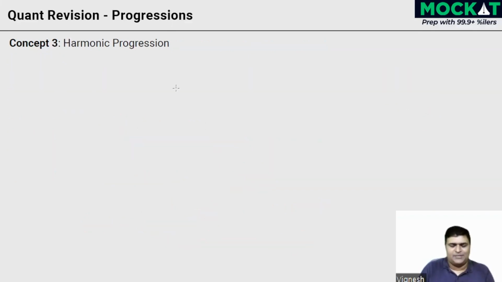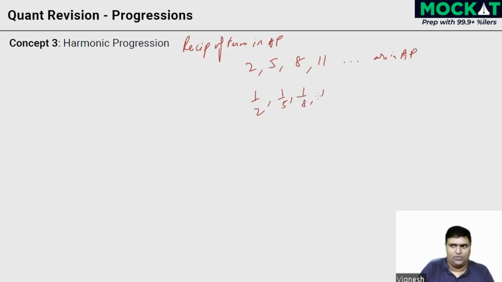So the next concept is that of harmonic progression, right? So what's a harmonic progression? It's simply a reciprocal of terms in AP, meaning if 2, 5, 8, 11, etc. are in AP, correct? Then 1 by 2, 1 by 5, 1 by 8, 1 by 11 are in HP, harmonic progression, that's it.